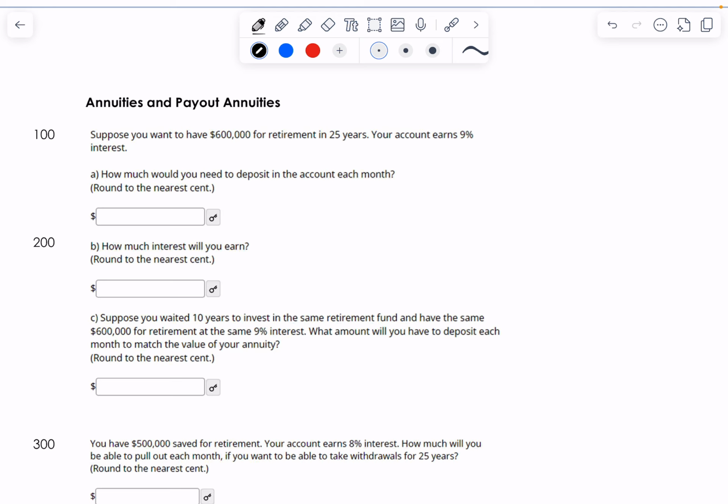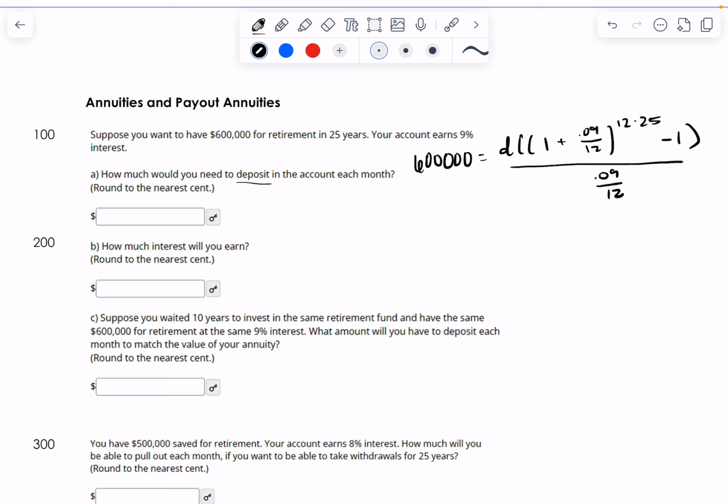This one says, suppose you want to have $600,000 in the account for retirement. How much do you need to deposit? So this is still an annuity. You're adding money into the account. And so I'm just going to set this up. This would be 600,000 equals D times 1 plus 0.09 over 12 to the 12 times 25, minus 1, over 0.09 over 12.